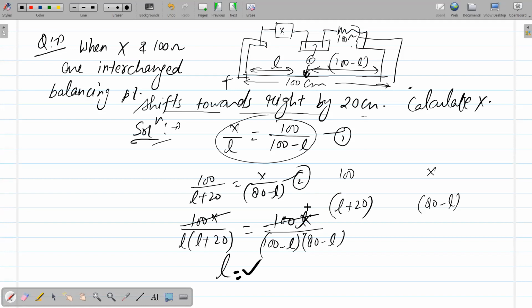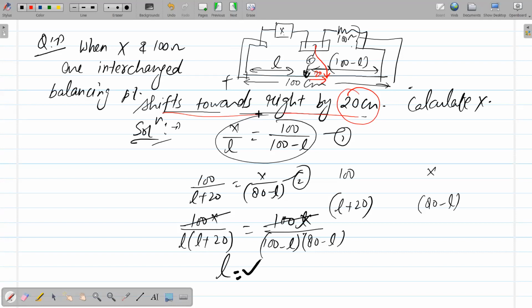Okay, but we could have done this in one more way. You can see this. Students, let me tell you like this: here the point is shifting towards right by 20 centimeter, right? So the final point is this. This is shifted by 20 centimeter, right? Clear?